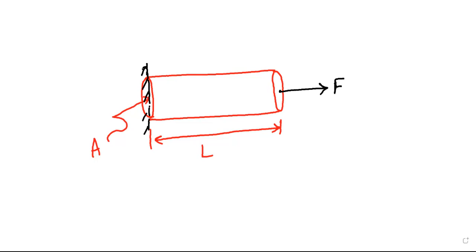So we took a section like this. We had taken a section like this. And we said on this section, the force was acting in this direction. The force continues to be in the same direction. This was the direction of the force.